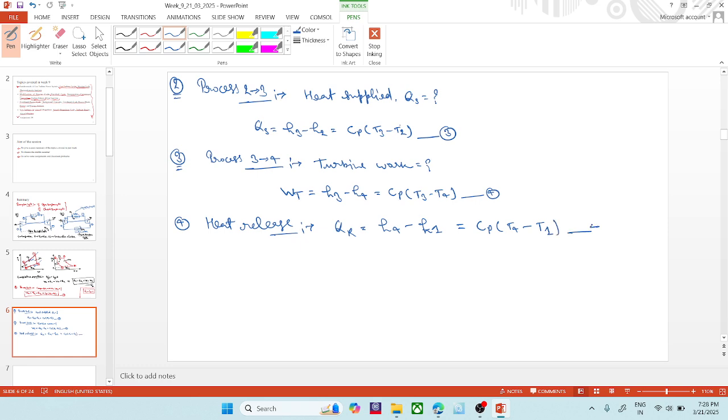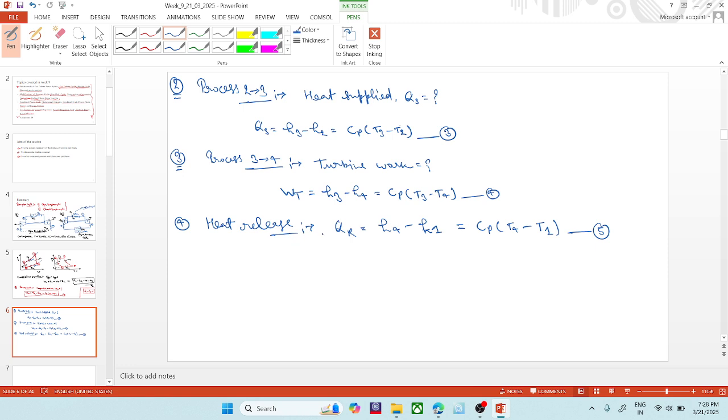These are the four equations from equation 2 to 5, by the help of which we can calculate the heat and work interaction in the different processes from 1 to 2, 2 to 3, 3 to 4, and 4 to 1.